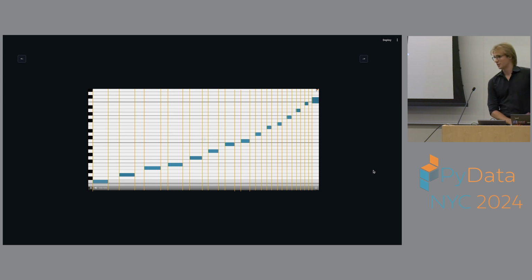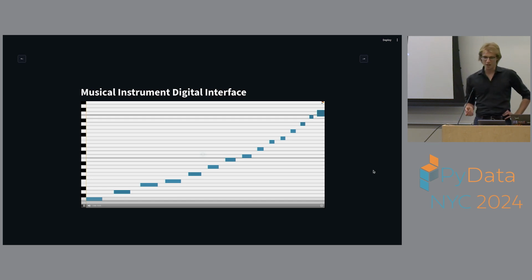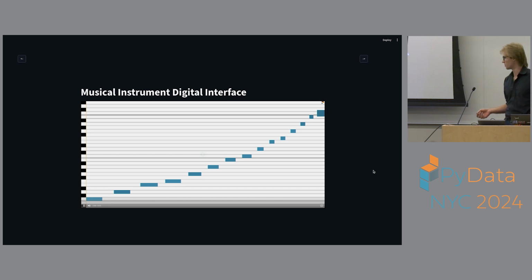And a file format perfect for storing performance information as a sequence of events are MIDI files. MIDI stands for Musical Instrument Digital Interface. This is a format interpretable by electronic instruments. They store performance information as a sequence of events. So each time a pianist presses a key, a note on event is processed and so on.